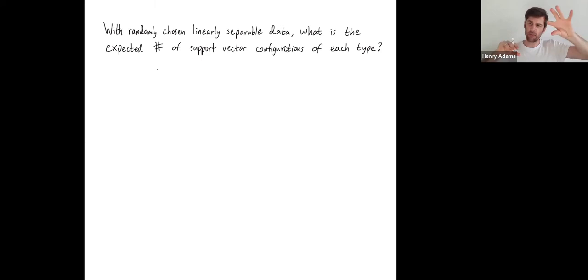And whenever we sampled a point that made the configuration no longer linearly separable, we just rejected it and sampled a different point instead. So this is sort of conditioning on the fact that we want our data to be linearly separable. And let me show you some statistics of what configurations we got.